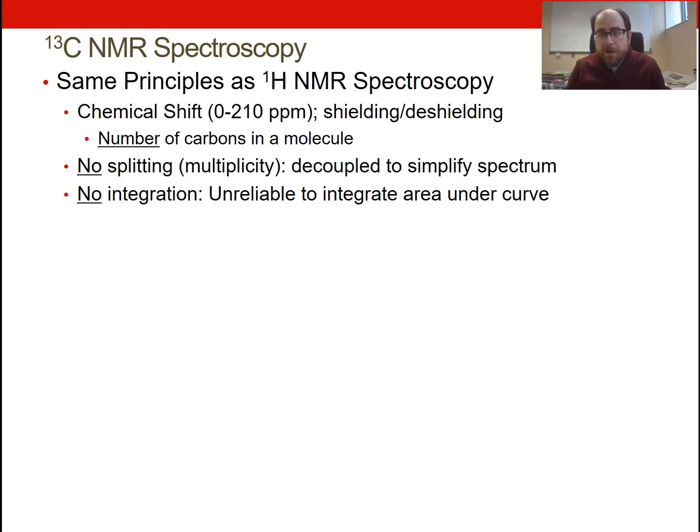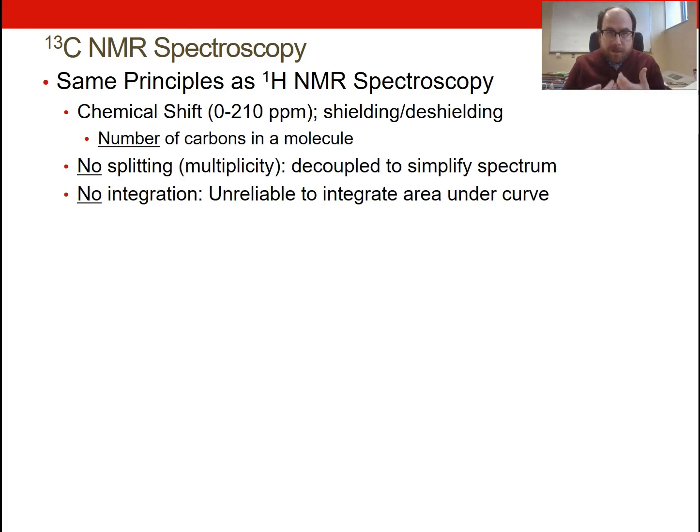So we can use carbon NMR to identify the unique number of carbons that exist within our compound. The one thing that's going to make carbon NMR a little bit simpler than proton NMR is that we don't have to deal with coupling or splitting. So typically we say that we work with decoupled spectra, so we don't necessarily have to identify the shape of the peak.